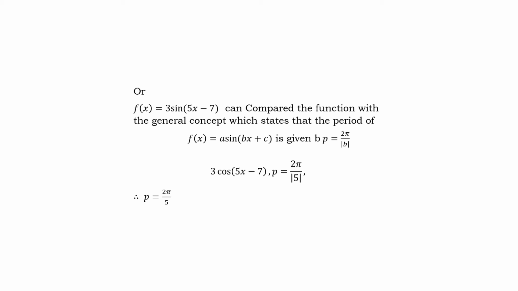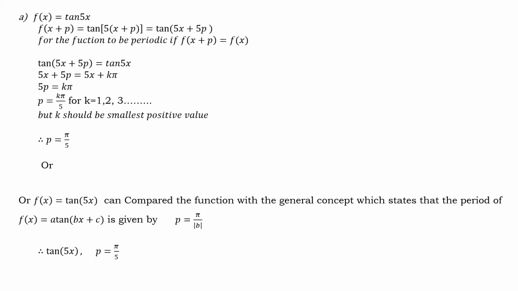When you observe, our b here is 5. So when you replace it in the formula for finding the period, b is replaced by 5. It gives us this one as the period. When you observe, this is the same as the answer we obtained from the first case.